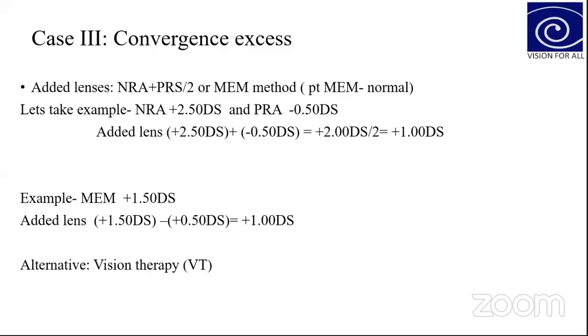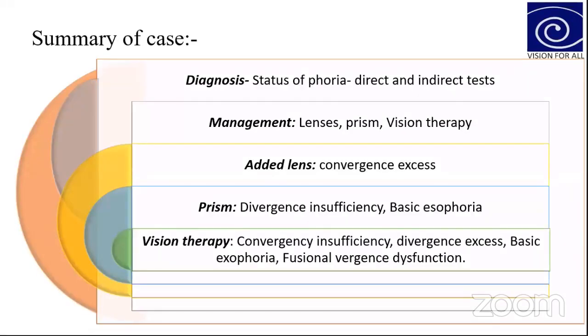Now see the example. If NRA is plus 2.5 diopter and PRA is minus 0.5 diopter spherical, then for the added lens we add both NRA plus PRA and divide by 2. So here we will get plus 1. In the same way, with the MEM value, we subtract the normal MEM from the patient's MEM.